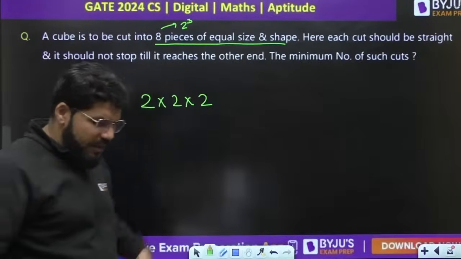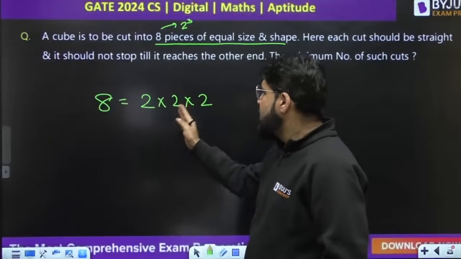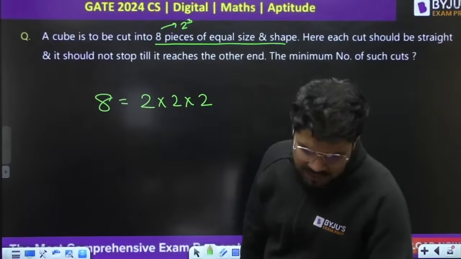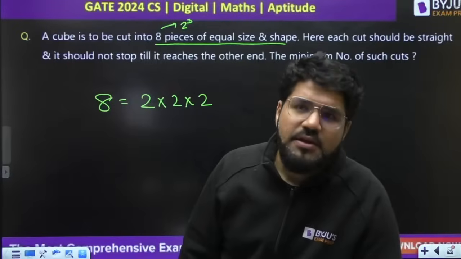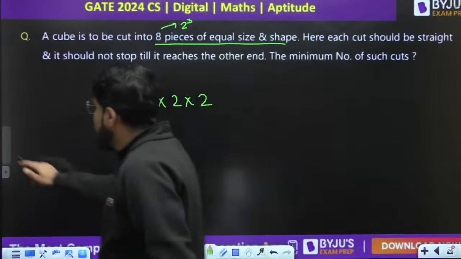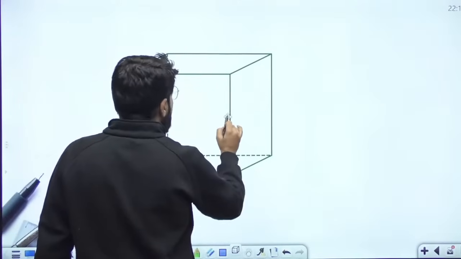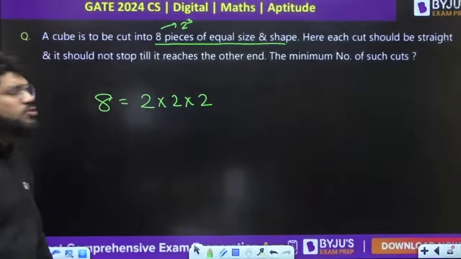A big cube is to be divided into small cubes, so that the cube is a into a into a. Let me show you a picture here for your easy explanation. That means 2 cross 2 cross 2. 8 can be obtained as 2 cross 2 cross 2.